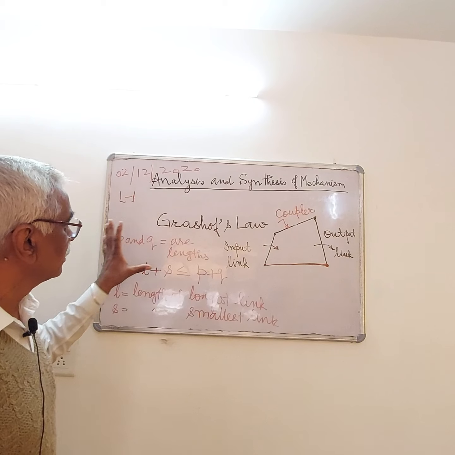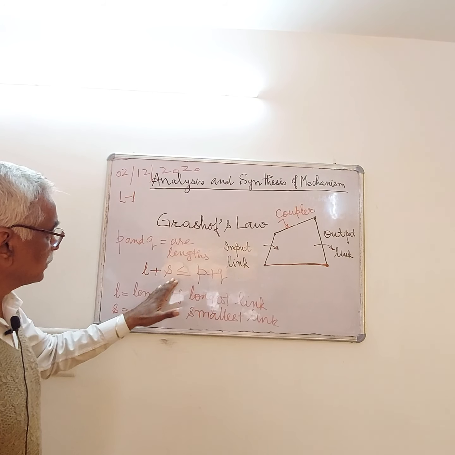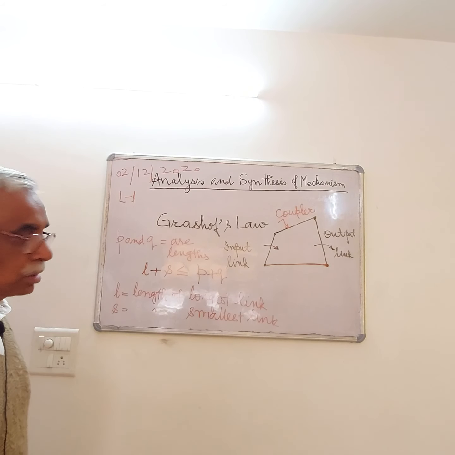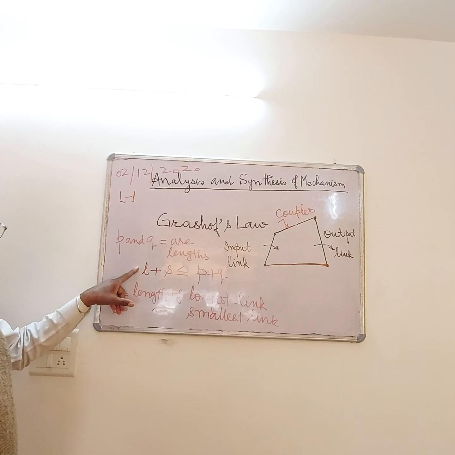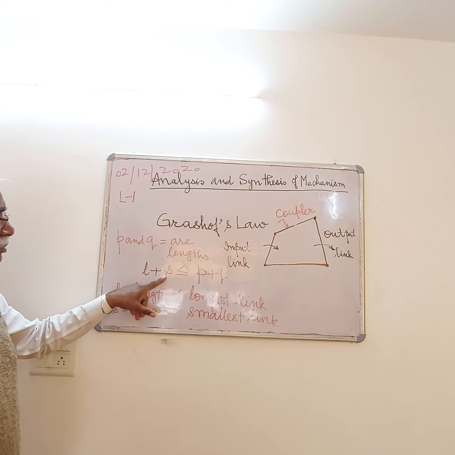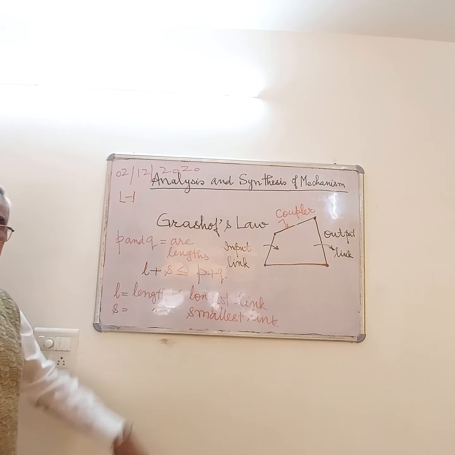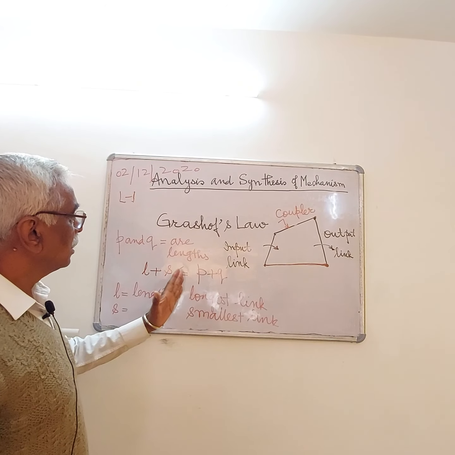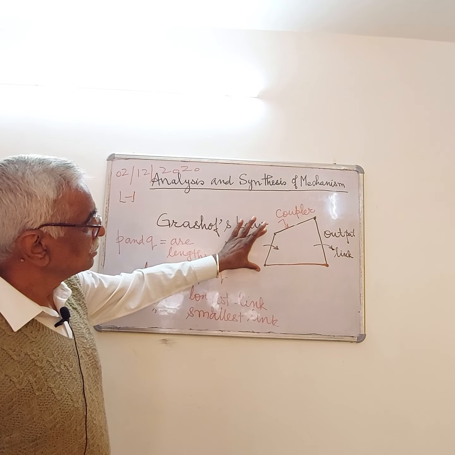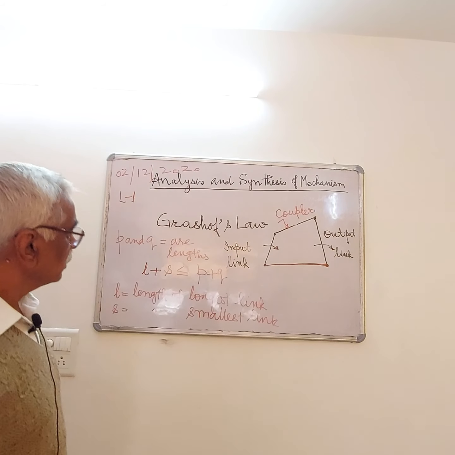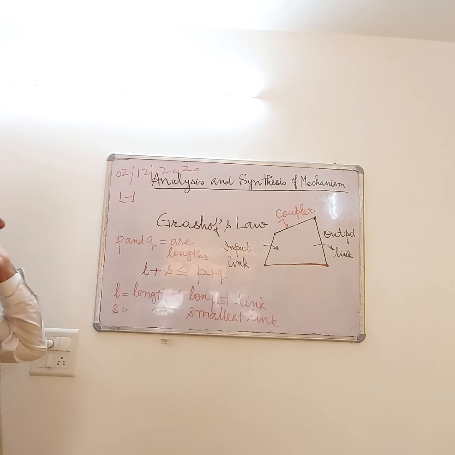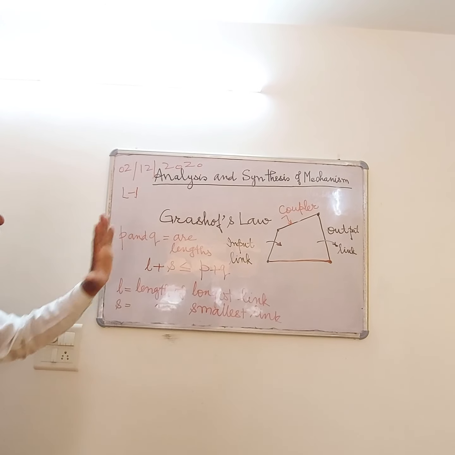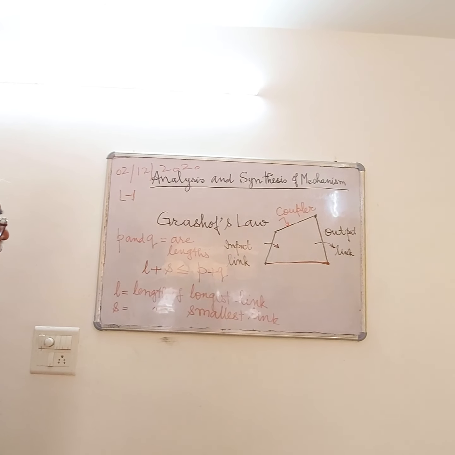L is the length of the longest link, S is the length of the smallest link, P and Q are the lengths of the remaining two links. If this condition is satisfied, the 4-bar linkage is known as Grashof linkage.